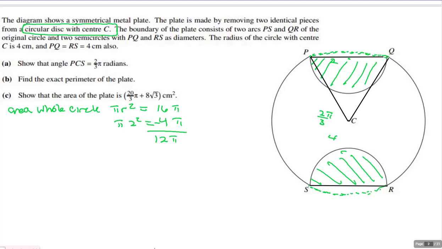Yeah. Then this piece up here would be part of that whole sector, right? Yeah. All right, now, what if I found the area of this sector?